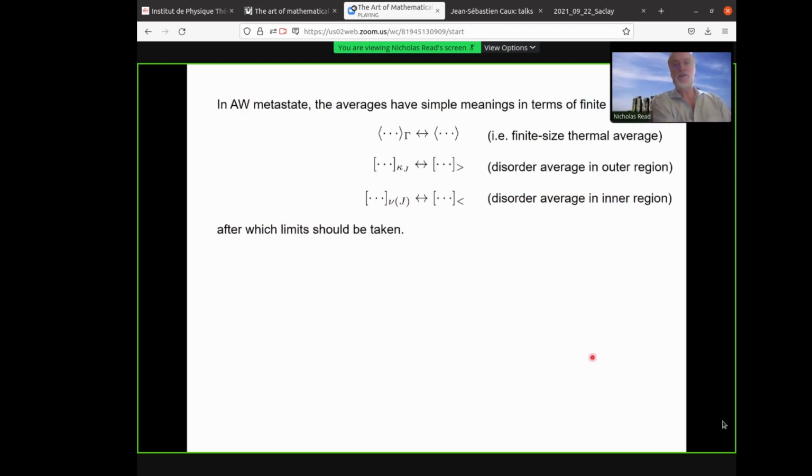And so we have a dictionary that we can use to relate these to finite size calculations. In finite size, we have a unique thermal average. The kappa j average is the average over the disorder in the outer region, and the nu of j average is the average over the inner region. But then we have to take some limits.